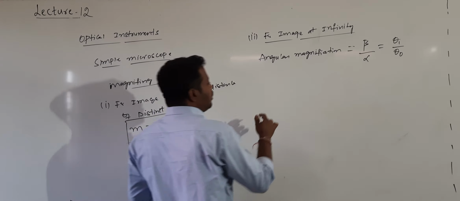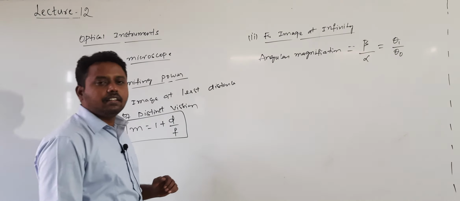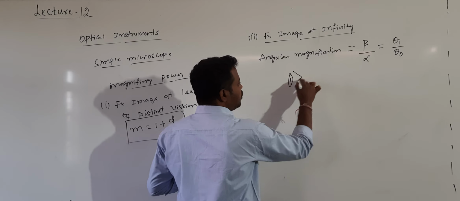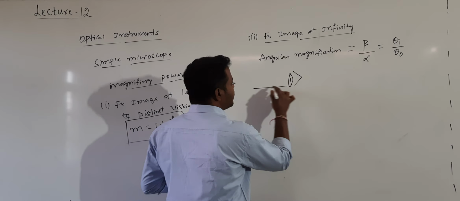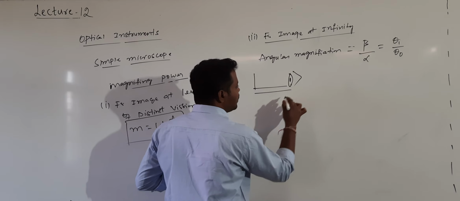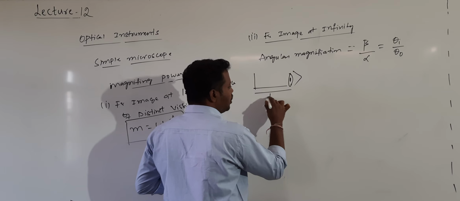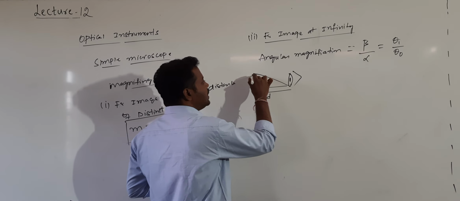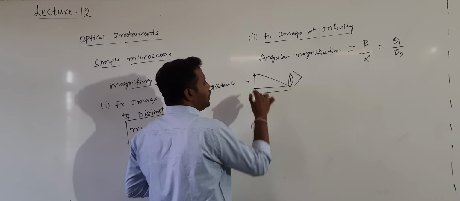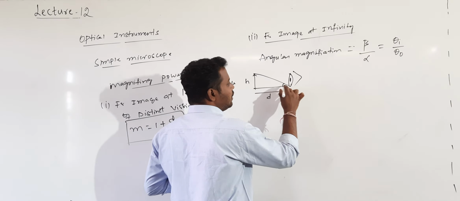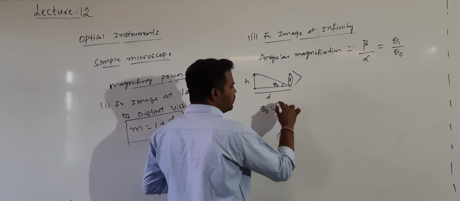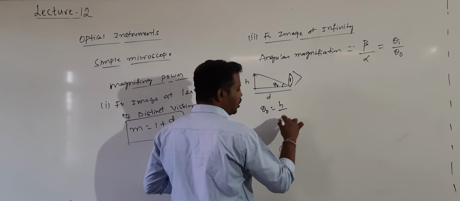In order to find the angle subtended by the object, let me consider the human eye is here, and the object is located at the least distance of distinct vision, small d. Then what is the angle subtended? We need to consider the height of the object, let me call h. Then this angle will be theta o, so theta o is equal to h divided by d.